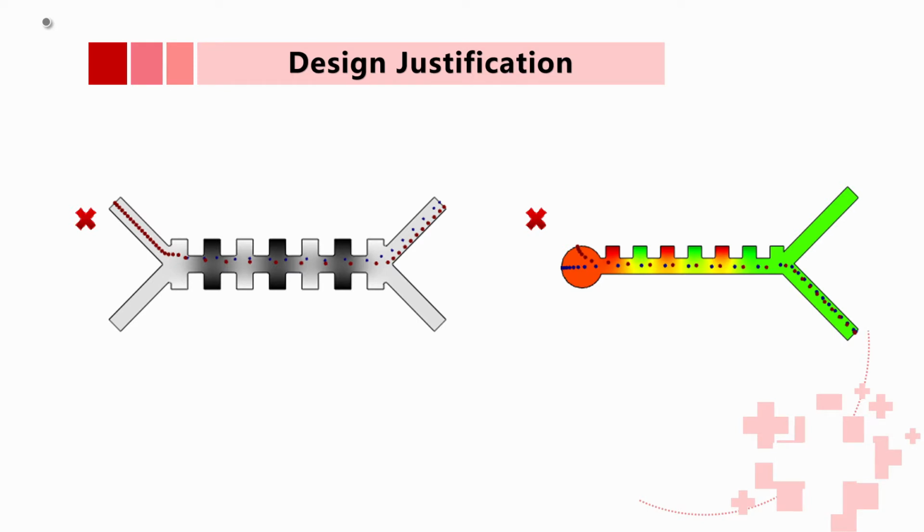Justification of the designs that we suggested in this study. Firstly, for the first design, in this one we tried to put the electrodes parallel to each other, exactly opposite to each other here, and as we can see, both the particles end up in outlet 1, so the separation actually fails. So what we did for our design is that we shifted the electrodes in the bottom array 20 micrometers from each other, so that the DEP force is not cancelled by each side of the electrodes.